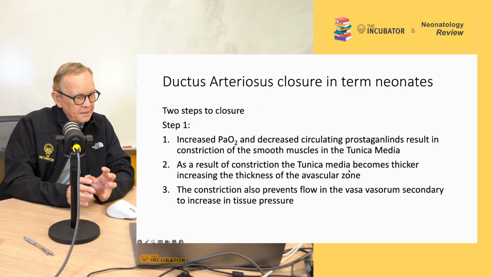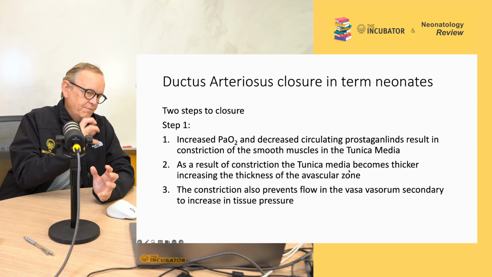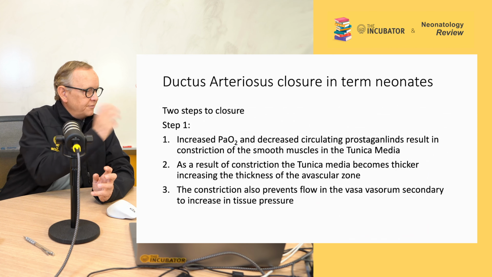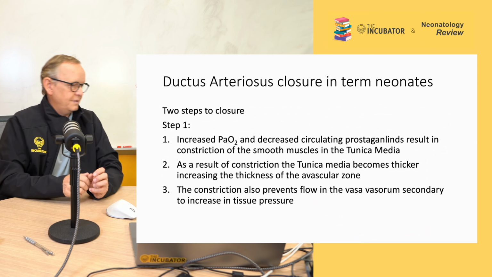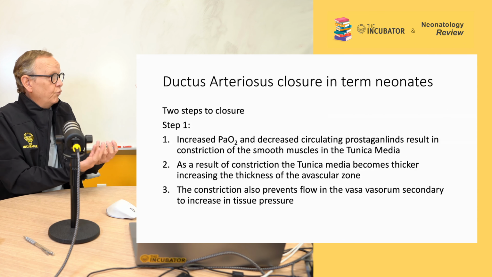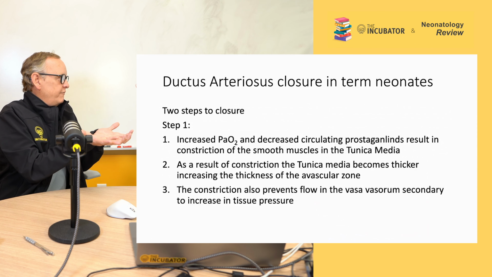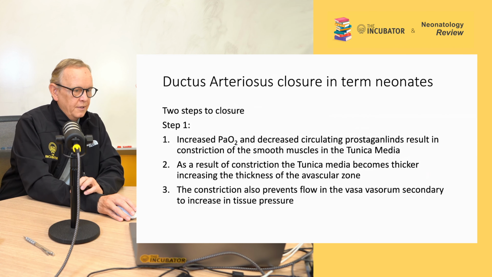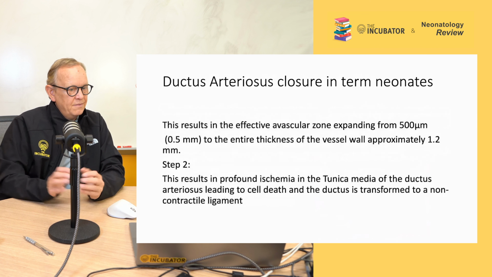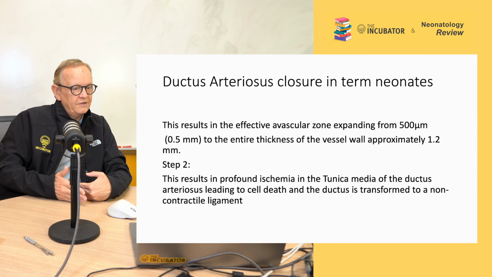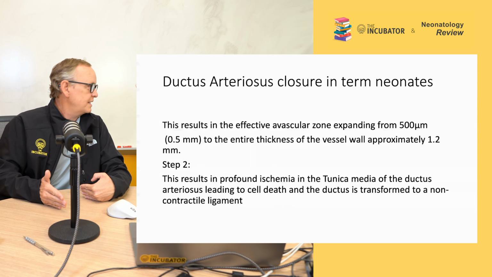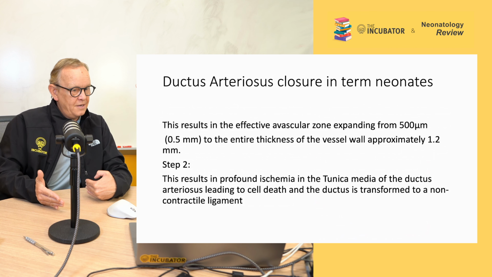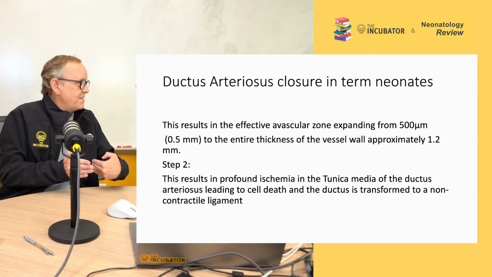And the constriction also puts some pressure on the vasa vasorum, so that the perfusion through it is actually poor, because it increases the afterload in that microcirculation, if you will. So all these things together make it so that the effective avascular zone expands greater than 0.5 millimeters, and then you actually have ischemia in that area.